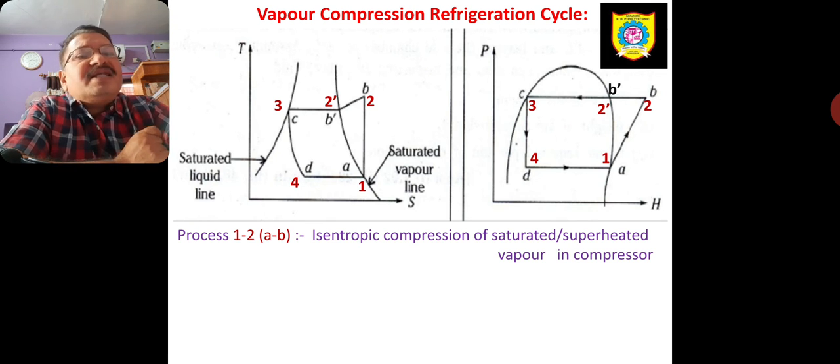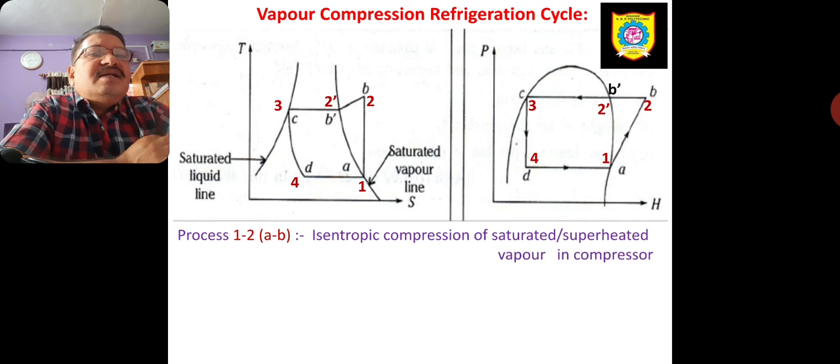In order to ensure that the condition should be saturated, we may slightly superheat the refrigerant in the evaporator itself. So this point 1 may lie slightly to the right of the saturation curve, and therefore I have said that the condition may be saturated or superheated also. So during the process 1 2 or AB, compression takes place.